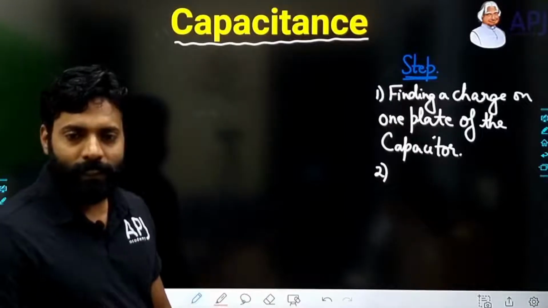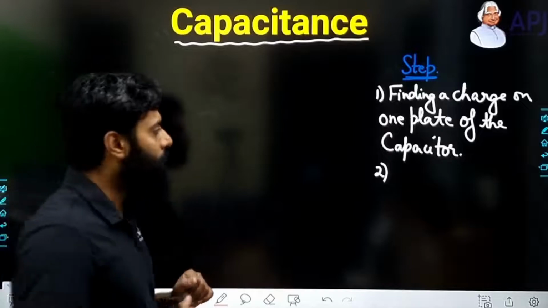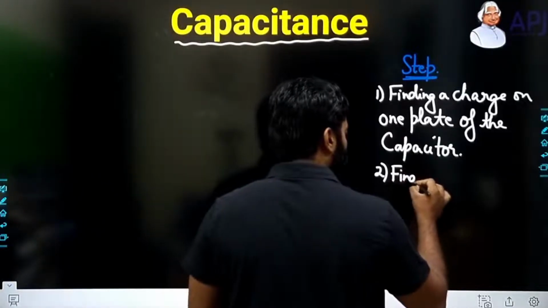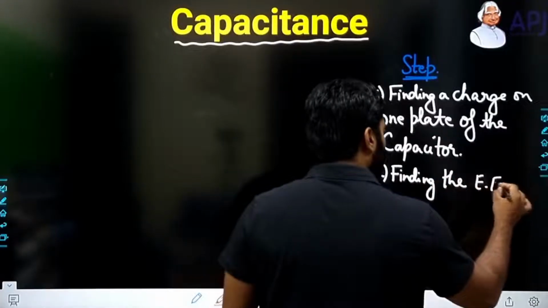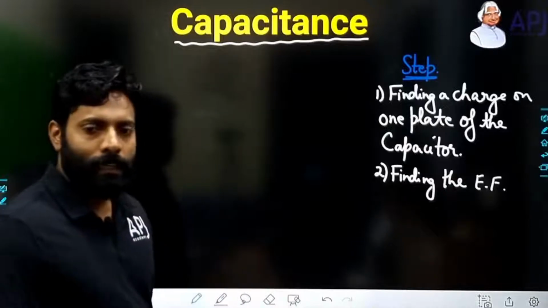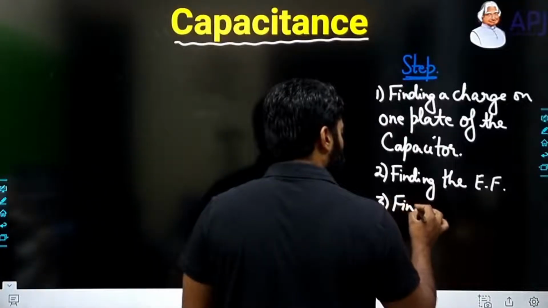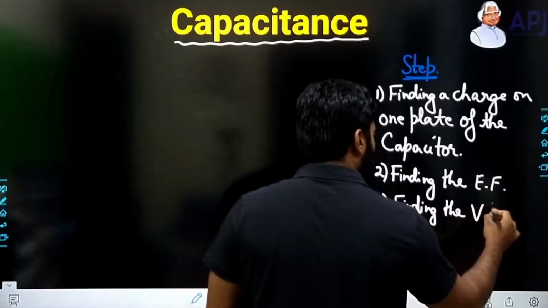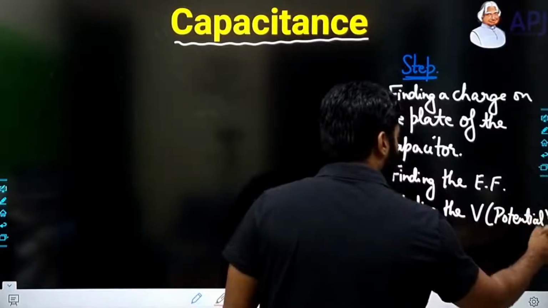So the first thing is that you have to find the positive charge or the negative charge on one plate of the capacitor. Next is finding the electric field. The third step is finding the potential.